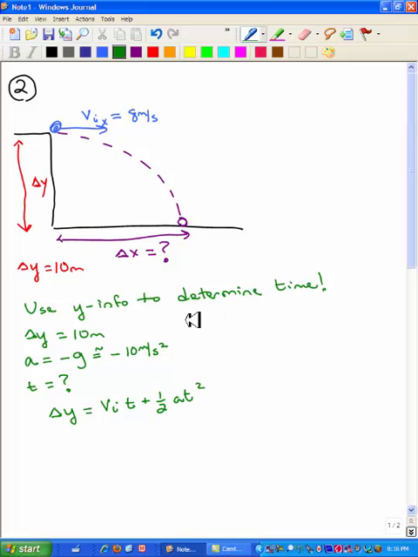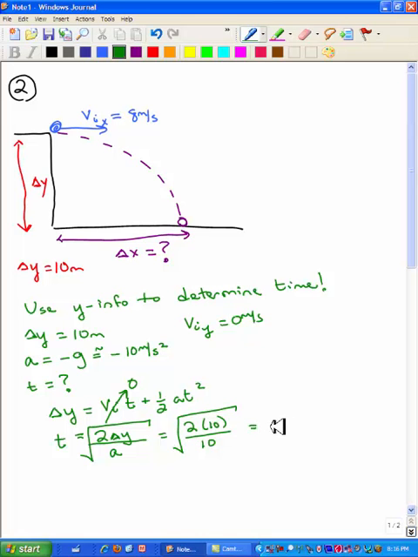Another thing that we know is v initial y is 0, so that goes away. So to solve for time, I have 2 delta y divided by a, square rooted. So that is 2 times 10 divided by 10, square rooted. That is the square root of 2, or 1.414 seconds roughly.